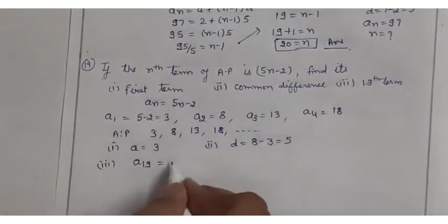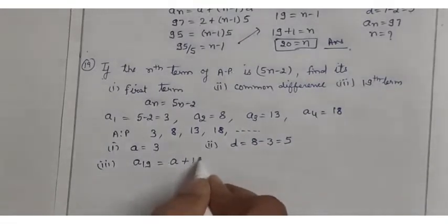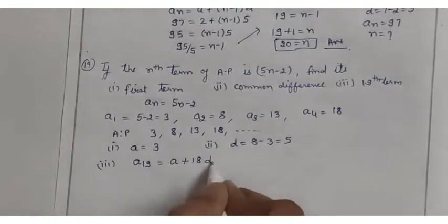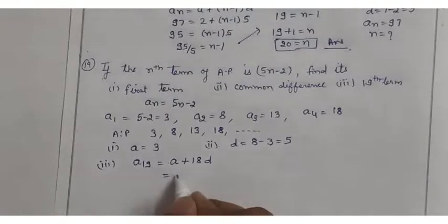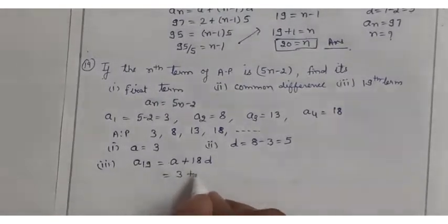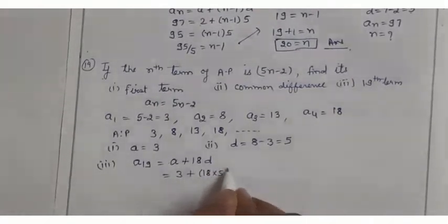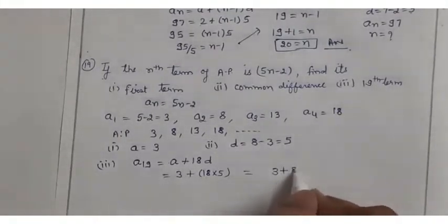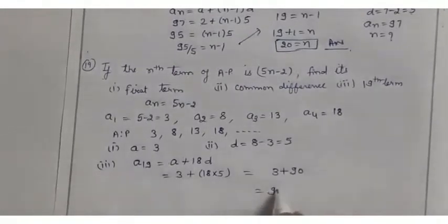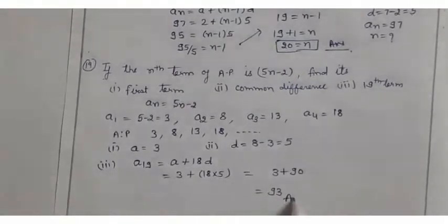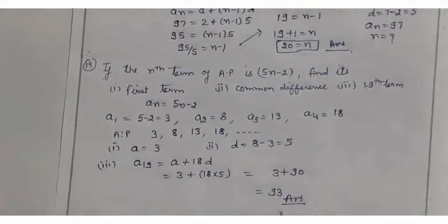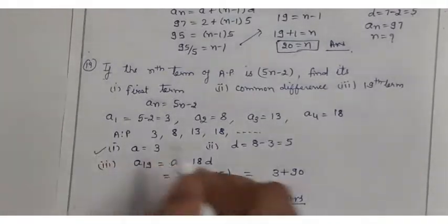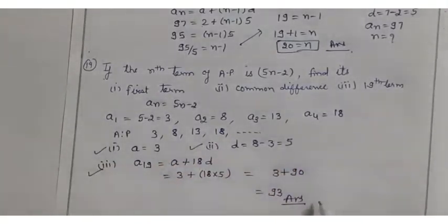So A19 is equal to A plus 19 minus 1 d. 19 minus 1 we write 18. A plus 18d. A is 3 plus 18 into 5. 18 5s are 90. And your last answer: 90 plus 3, 93. This is the answer. Then all three answers we have. First answer is this, second is this and third is this.